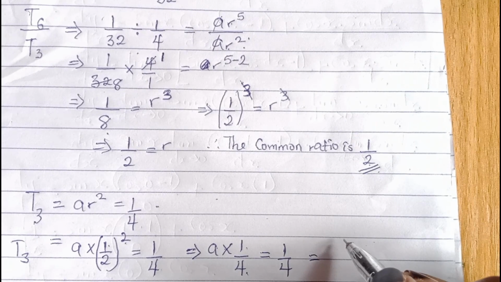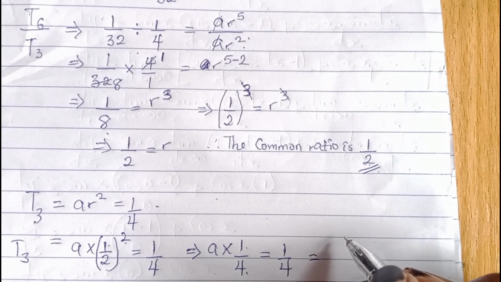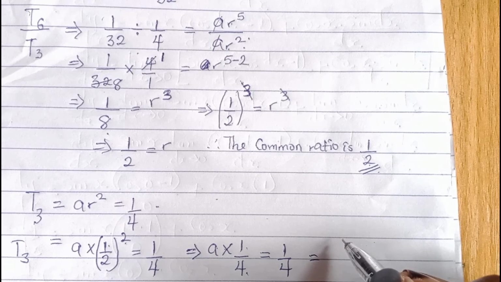Now the next thing is to divide both sides by the coefficient of A, and the coefficient of A here is 1/4.